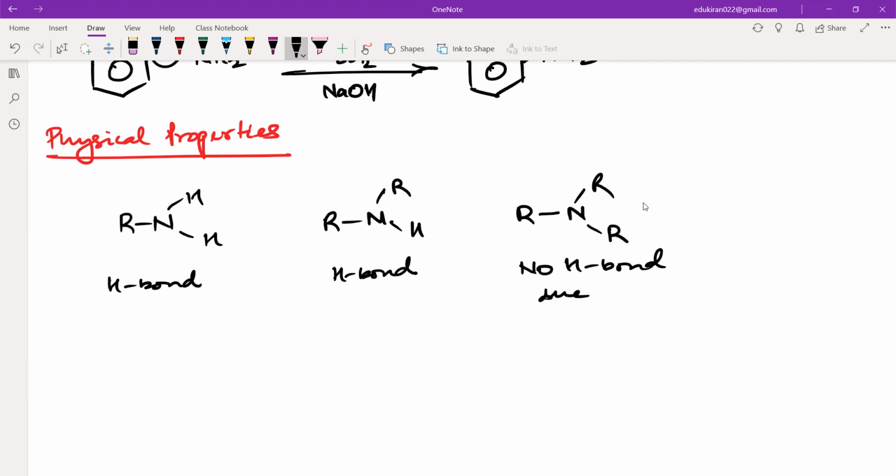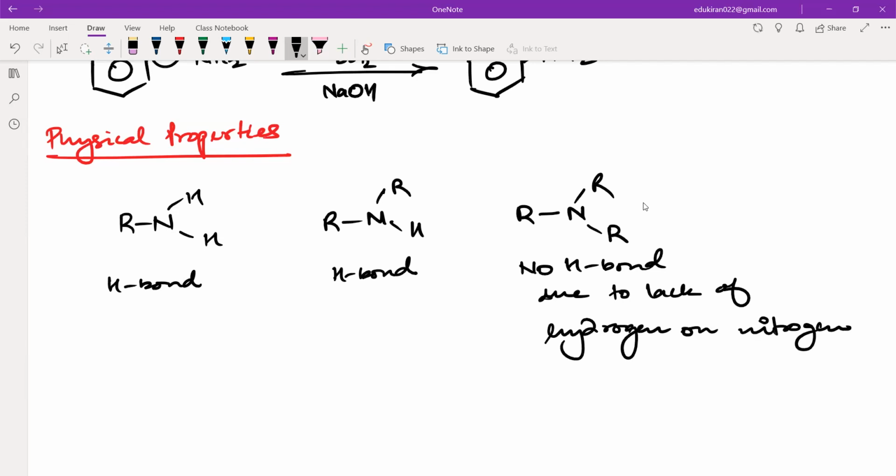No H bond, due to lack of hydrogen on nitrogen. Can you see this? Yes or no, please tell me. Yes, sir. Okay. Also you can see that the hydrogen bonding will be greater in the 1 degree amine, because you have 2 hydrogen atoms here, and in the 2 degree amine only 1.